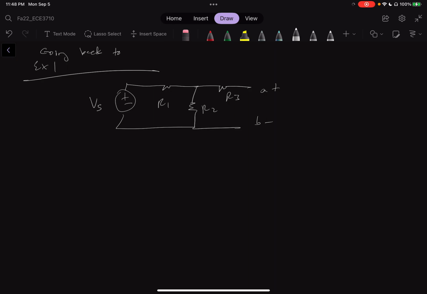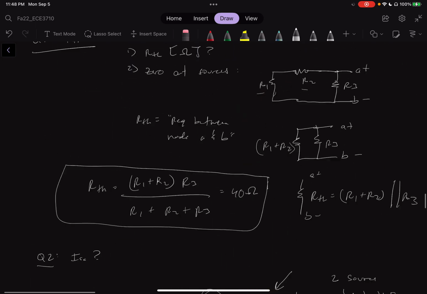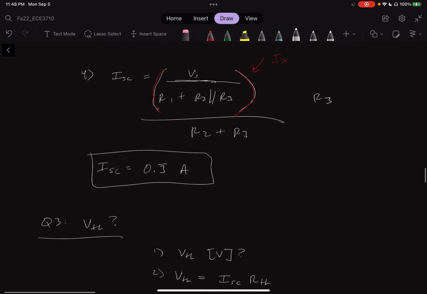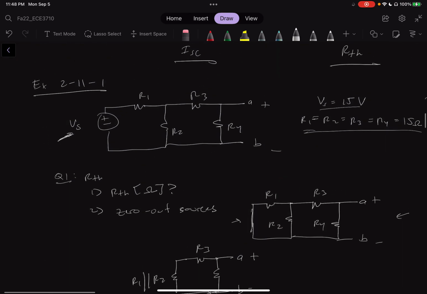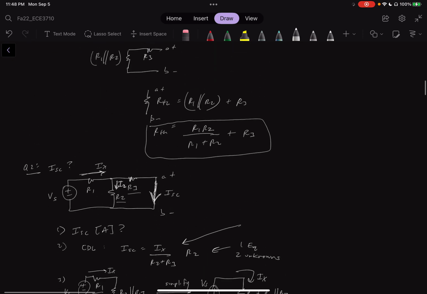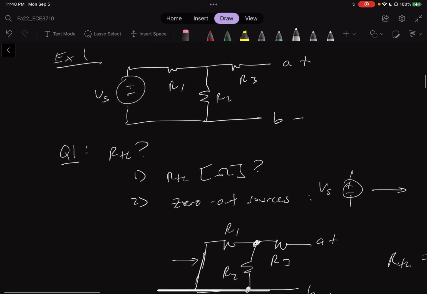I just want to point something out. If the question was, let's say my second question was what is V Thevenin, actually, you don't even need to know R Thevenin. But assume we were asked first, what is V Thevenin? Because if you go back, we were first asked, what is R Thevenin? We had this example number 1.